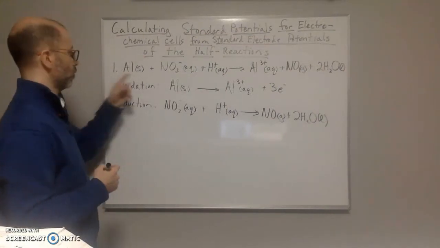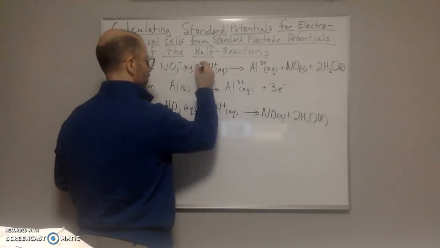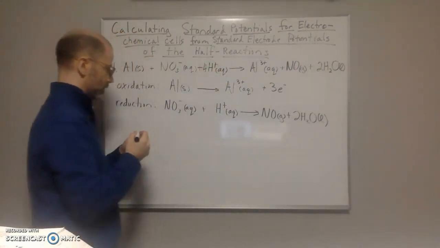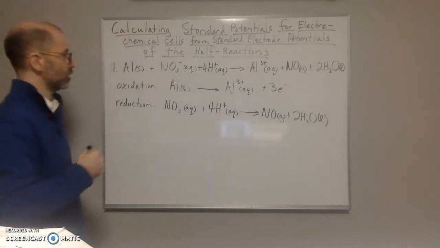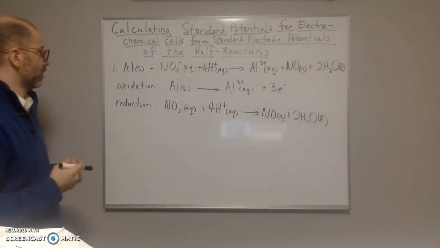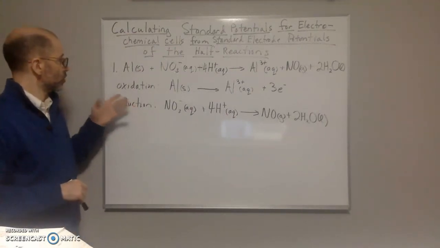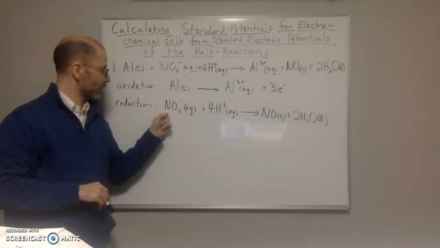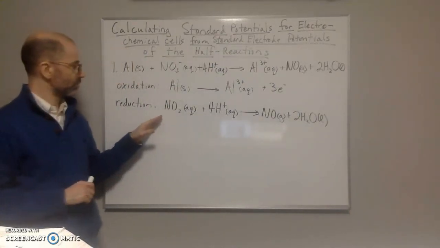And one of the things I'm noticing already is that this is not balanced, there should be a 4 here. We have 4 H pluses there, so we should have 4 H pluses there. I think that's the only thing that's unbalanced. Okay, so this is our other half reaction. This is our reduction reaction.